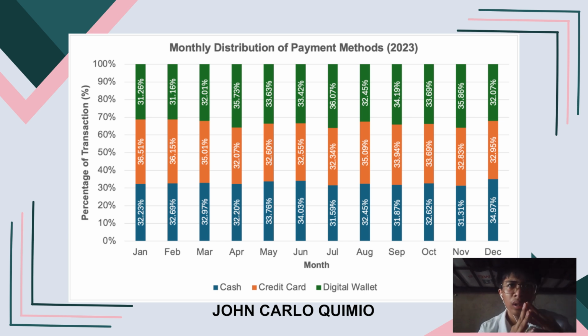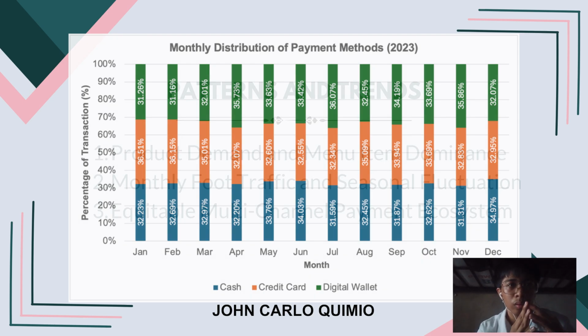Ang cash at credit card ay laging naglalaro sa 30-36 range bawat buwan, habang ang digital wallet naman ay consistent na humahawak ang natitirang third wheel ng share. Ibig sabihin nito, ang diverse ng payment preference ng mga customer natin, kaya napakahalaga na patuloy nating i-maintain ang smooth at walang aberya ang tatlong platform na ito para iwas hassle sa checkout.